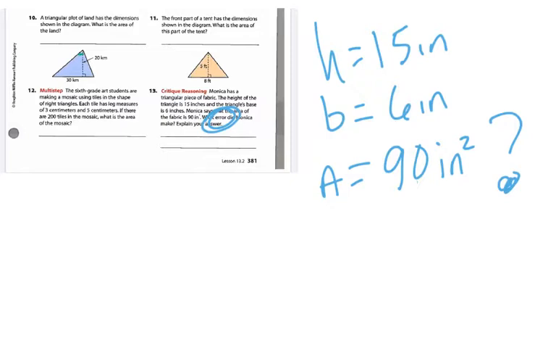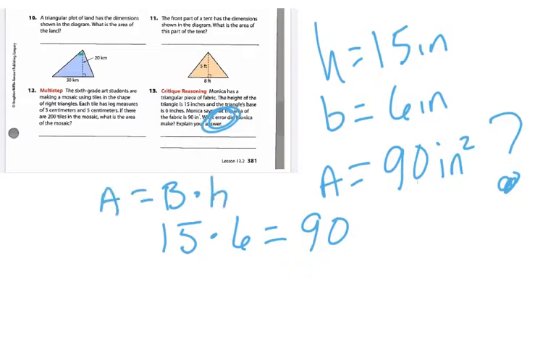Okay, I hope you said that 15 times 6 is equal to 90. But that would be using base times height for your area formula, which is the area for a quadrilateral. We're not dealing with a quadrilateral here. We're dealing with the triangle. So Monica should have used the formula area is equal to 1/2 base times height.